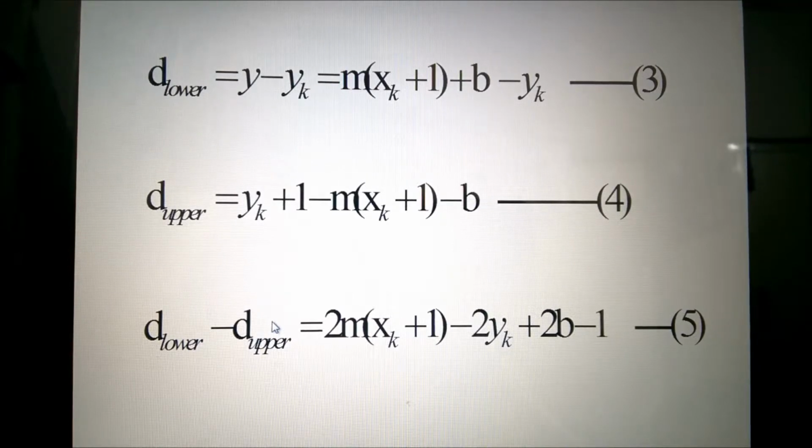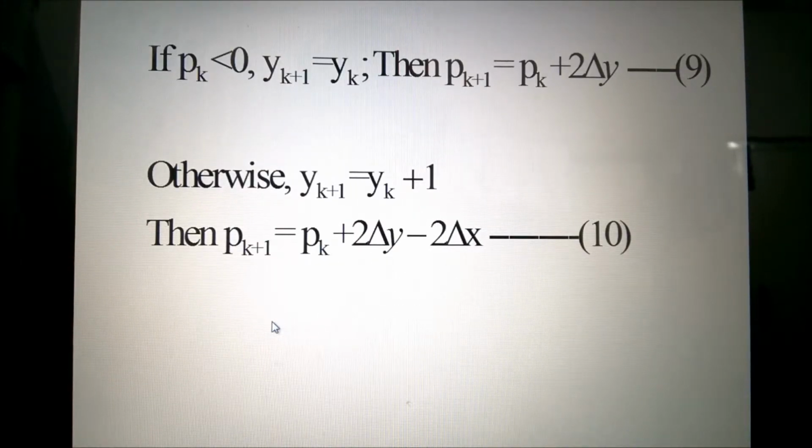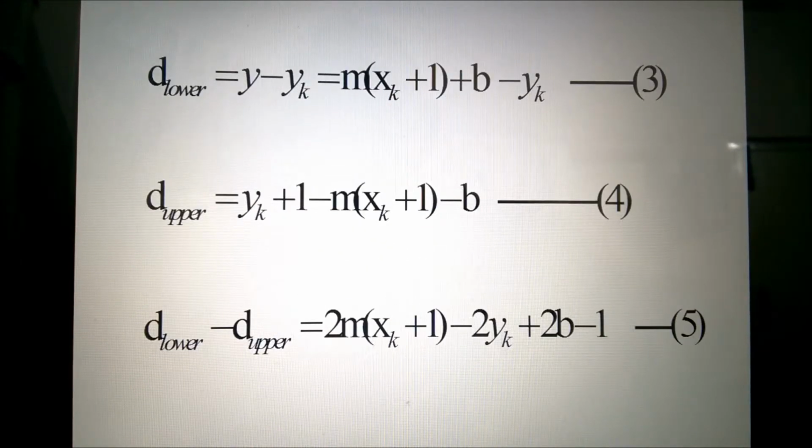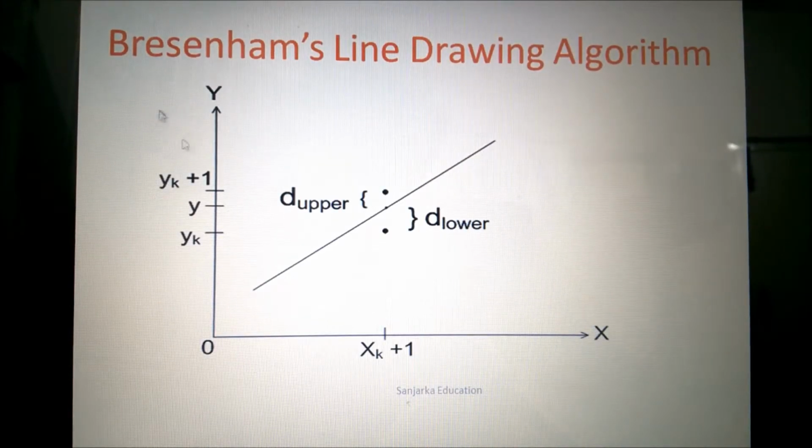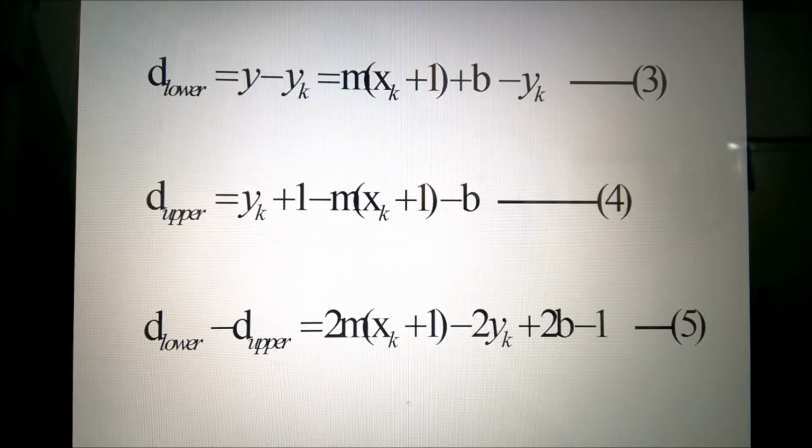Again I show you what I am referring to as d lower and d upper. This is the upper pixel's distance, which I refer to as d upper, and this is the d lower. This is the equation for d lower, and this is the equation for d upper, and the difference is this.